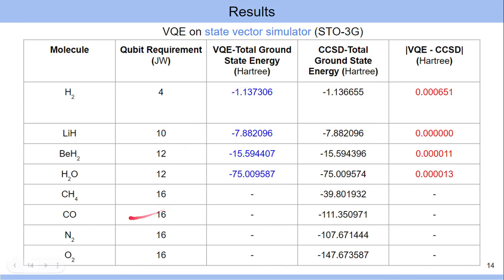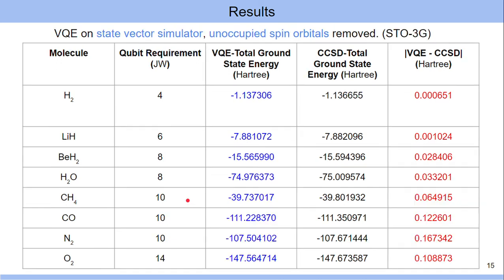Here, we face the problem that when the qubit requirement became 16 qubits, such as for molecules methane onwards, the energy values could not be obtained due to high computational cost. To solve this, we used the approximation of removing the unoccupied spin orbitals such that the qubit requirements came down, and this in turn gave us the ground state energies for molecules ranging from methane to oxygen as well.